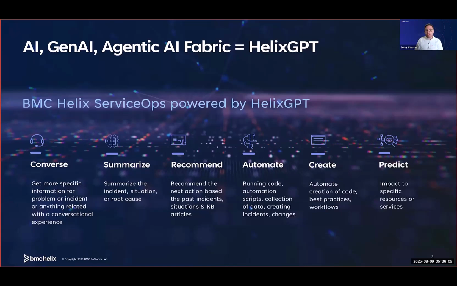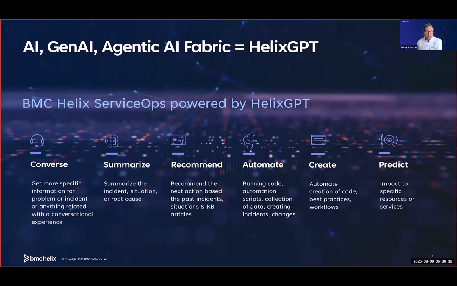By analyzing historical incidents, knowledge-based articles, and situational data, HelixGPT recommends the best course of action using predefined runbooks or automated workflows. These automations can be executed manually or autonomously for self-healing. If no automation exists, HelixGPT can generate remediation plans, code, and workflows to accelerate resolution.